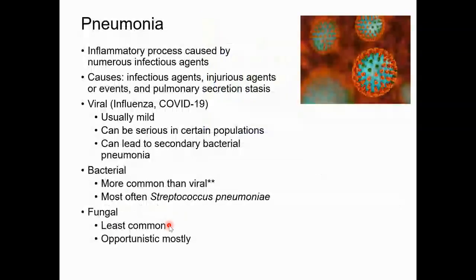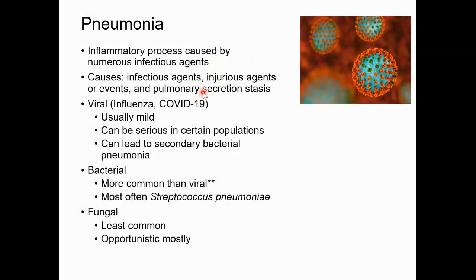Okay, the last thing we'll talk about is pneumonia. Pneumonia is an inflammatory process caused by numerous infectious agents. It's pretty much an infection or an inflammation of the alveoli, so there's an infection down in the bottom of the lungs in the alveoli.